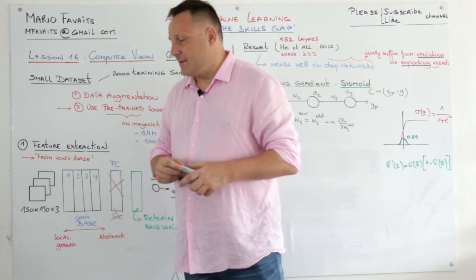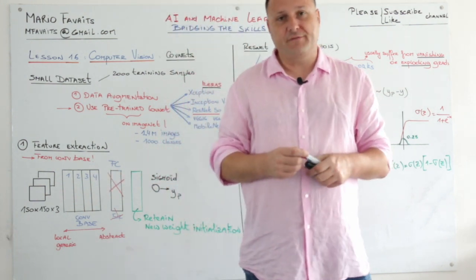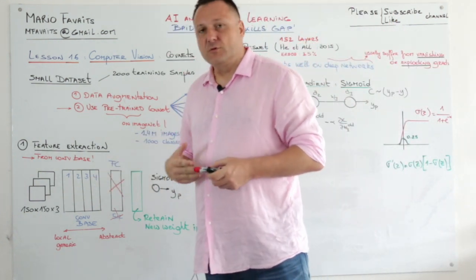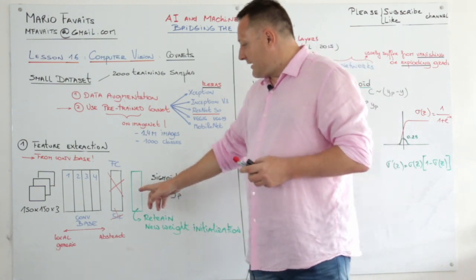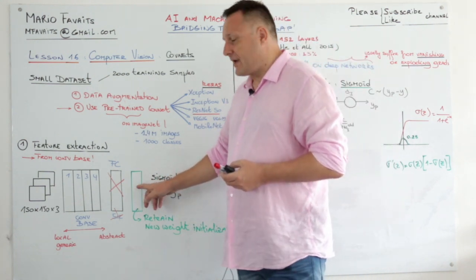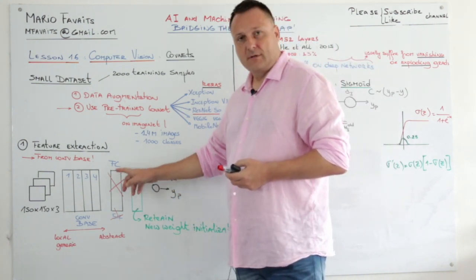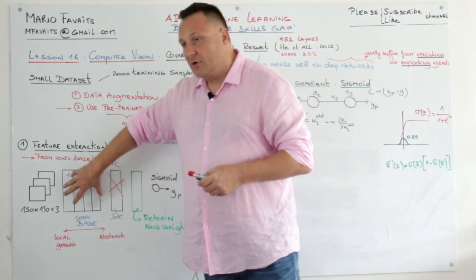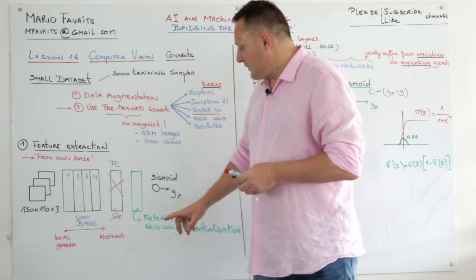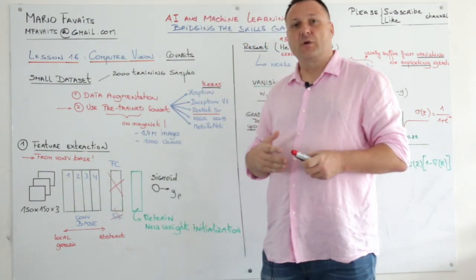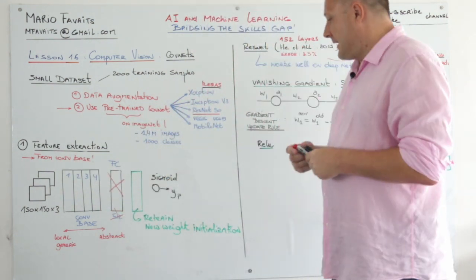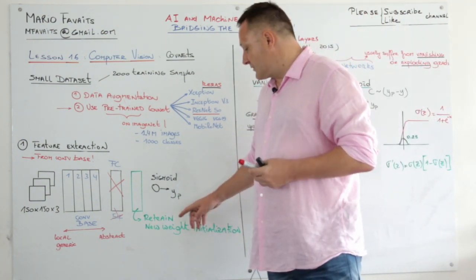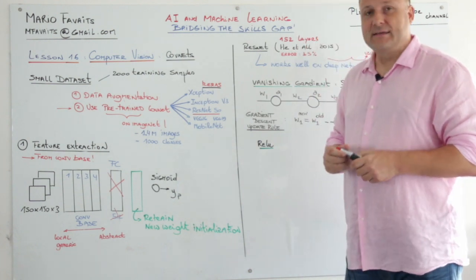You have color images of 150 by 150 by 3, and then we have 4 convolutional layers, then a flattening operation, and then a fully connected layer here. So basically you're going to keep the convolutional base, but you're going to change the fully connected layer. You're going to retrain that layer, and also do new weight initialization.